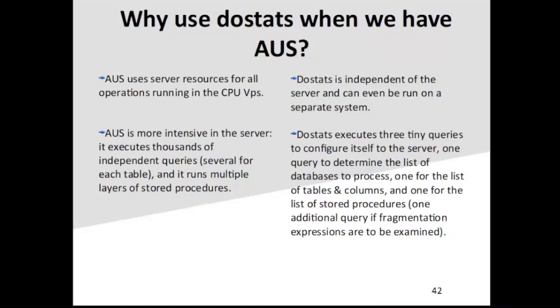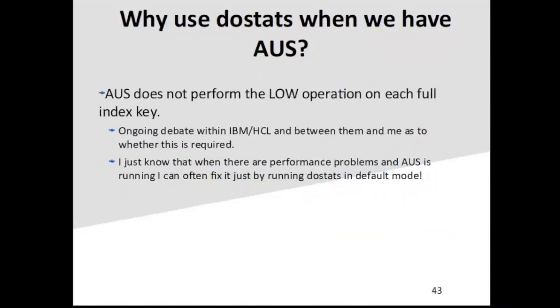One query to get the list of tables and columns, another query to get the list of stored procedures, and a third one if there are fragmented tables that need to be looked at. Done. And that's if you pass in -G. So basically it runs 5 or 6 queries. So it's a lot less intensive on the server than AUS is, even in the newer versions.